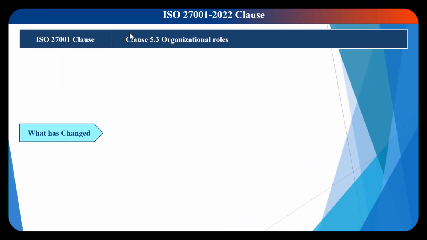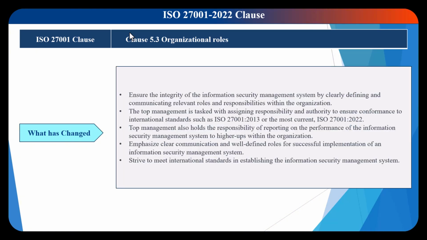All right, let's talk about clause 5.3 and see what has changed here. These are the changes that you will have to make sure are implemented in your environment. The first one is to ensure the integrity of the information security management system by clearly defining and communicating relevant roles and responsibilities within the organization. The second is that top management is tasked with assigning responsibilities and authority to ensure conformance to the international standard, such as 27001.